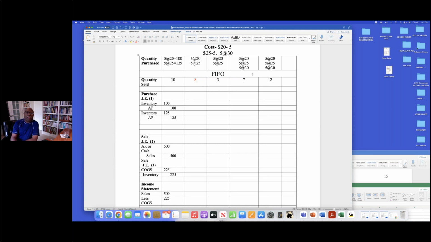So we're making this assumption, FIFO, first in, first out, that the first ones purchased are the first ones sold. So this is the assumption we're making.